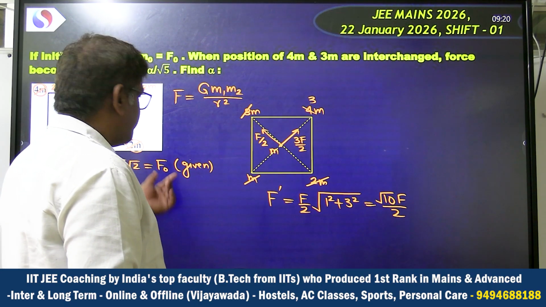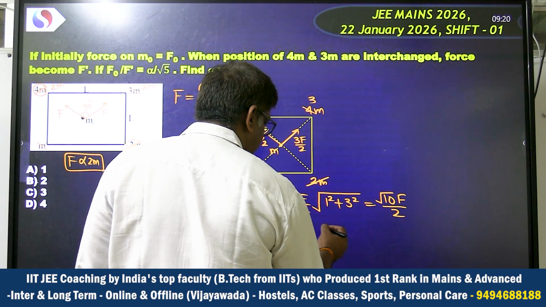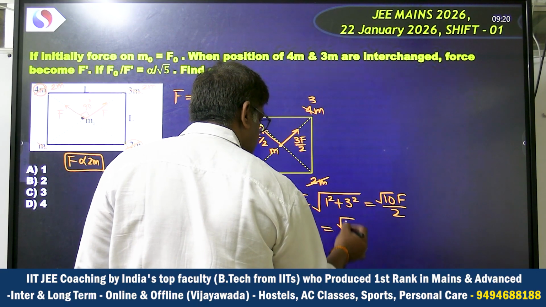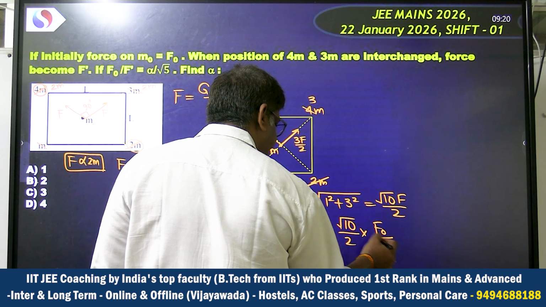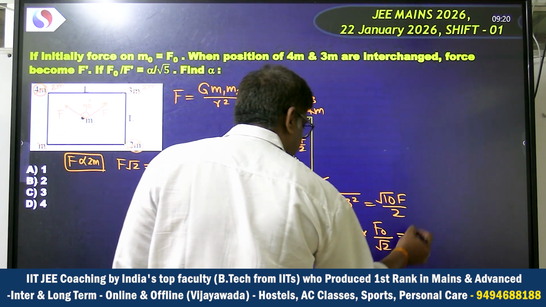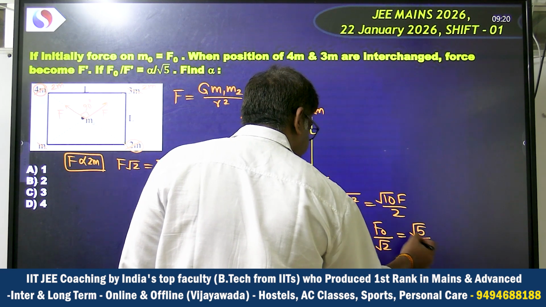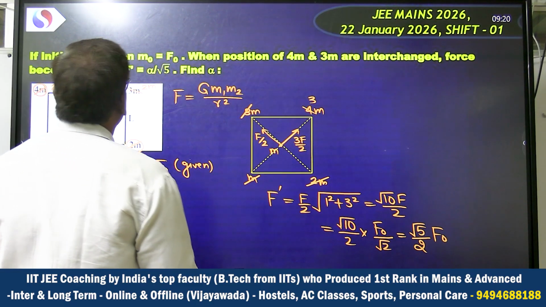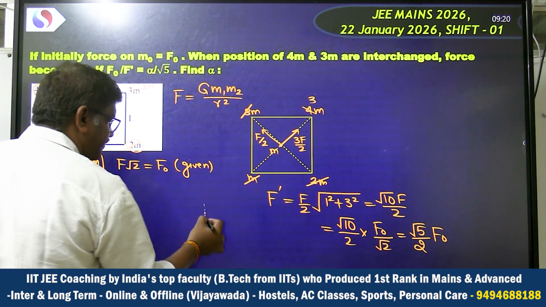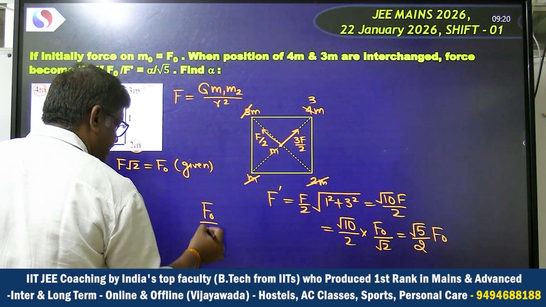Here F root 2 will be F naught, so I replace this F by F naught by root 2, and this is root 5 by 2 F naught. Now here they are asking for the F naught by F dash ratio.